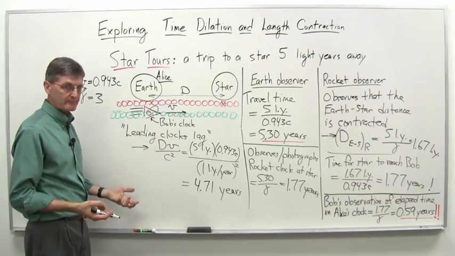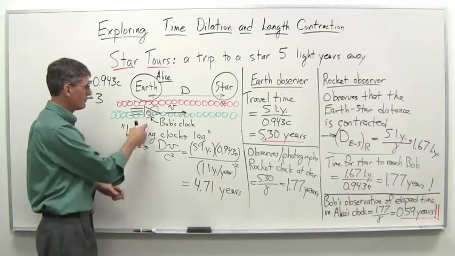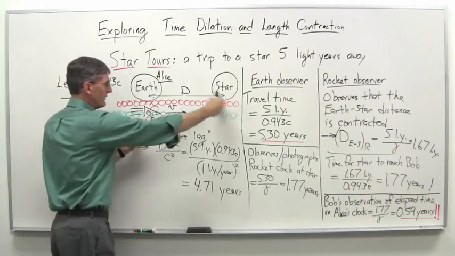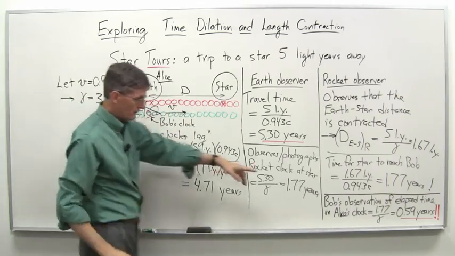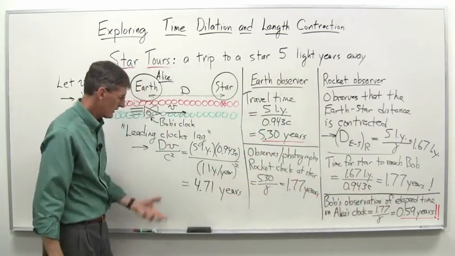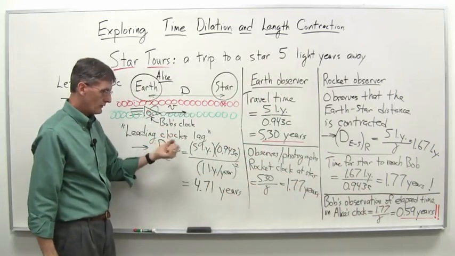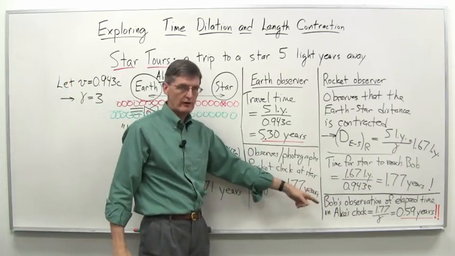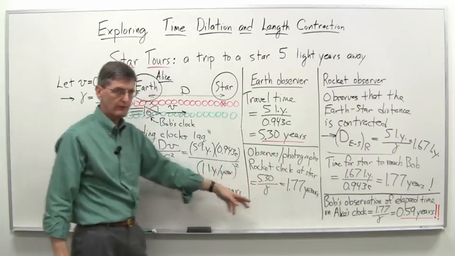But remember, the elapsed time between this instant, when Earth is here, and then when the star gets there, is 0.59 years. I should say not according to Bob's clocks. That's the elapsed time he sees on Alice's clocks. Okay, they're running slow compared to him.